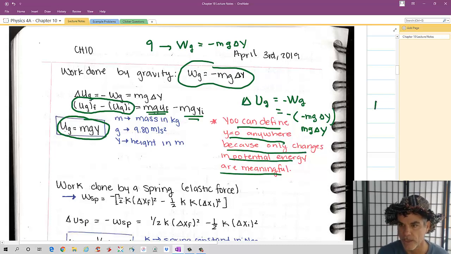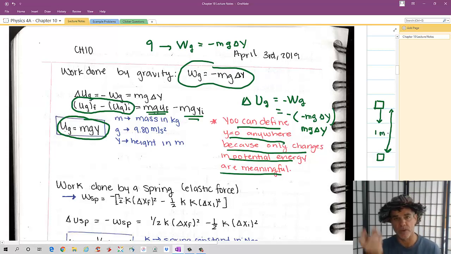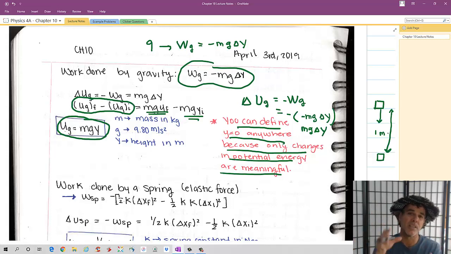Meaning, let's say an object starts here and it falls a total distance of 1 meter. Its potential energy is going to decrease because the height is decreasing. How much it decreases is going to be the mass times g times the decrease in height, which is always 1 meter.